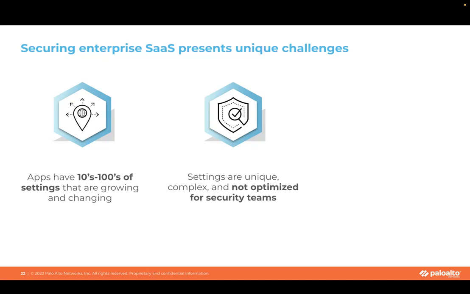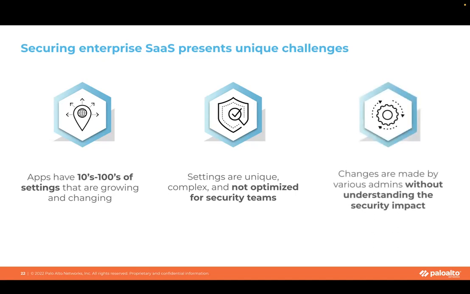And so they're evolving their settings and their feature sets, and it's hard to keep tabs on what the new releases are, multiplied out by all those applications. So settings are unique, they're complex, they're not optimized, and changes are made by various roles without sometimes understanding the impact of those changes. So this is why we deep dove into this area of SaaS security posture management and what that means.